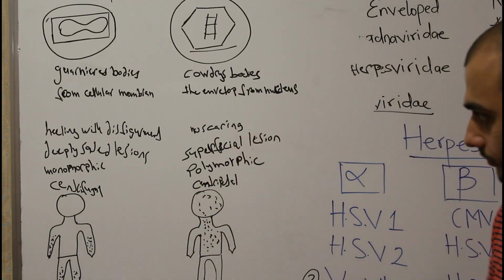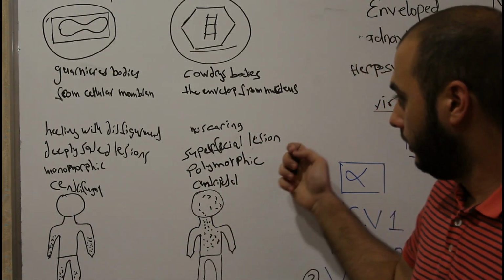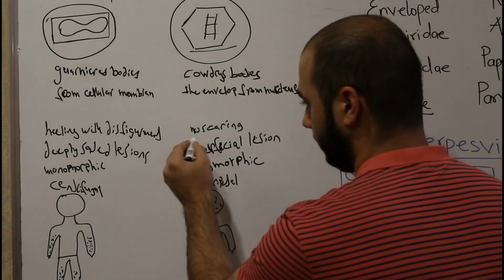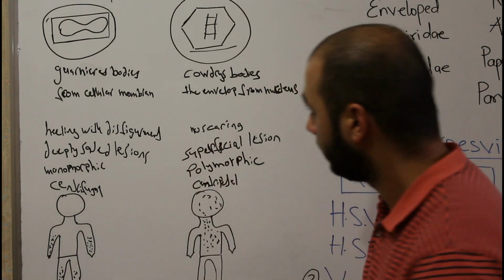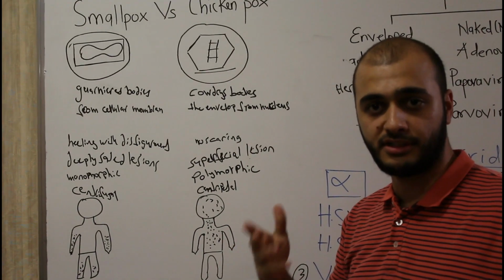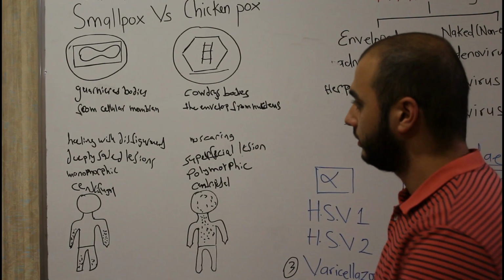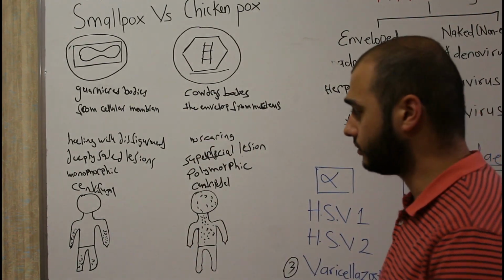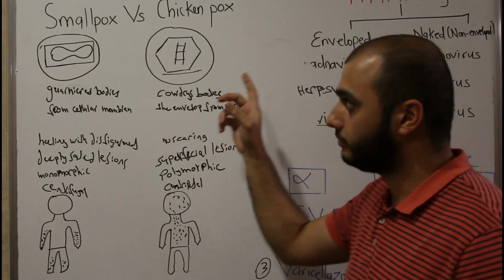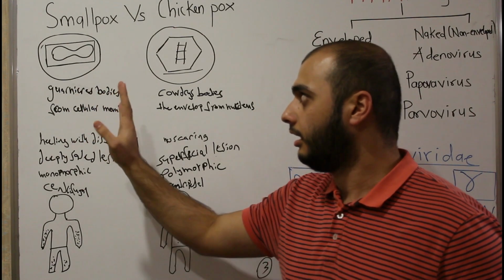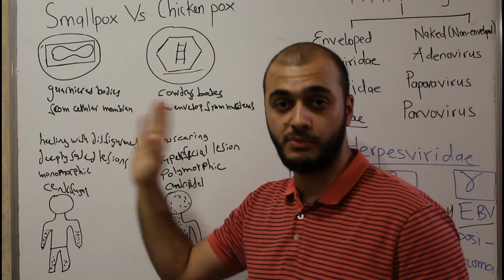So another difference, that chickenpox is preceded by respiratory tract infection, because actually the virus is transported through the respiratory tract, while here there is no other manifestation preceding it.